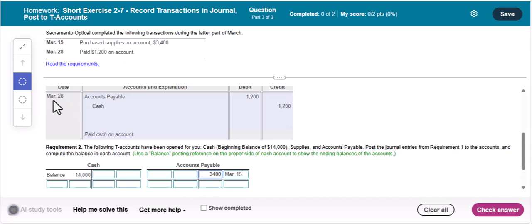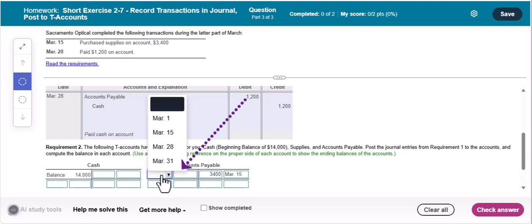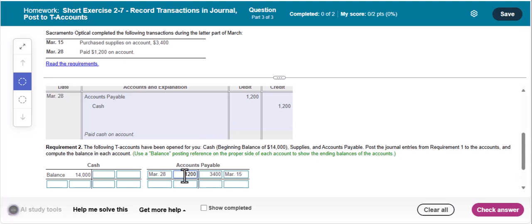On March 28th, that next account is also accounts payable. We're going to put this in on the left side, the debit side, since we are paying down our liability, our accounts payable, by 1,200. And then we can balance our accounts payable.